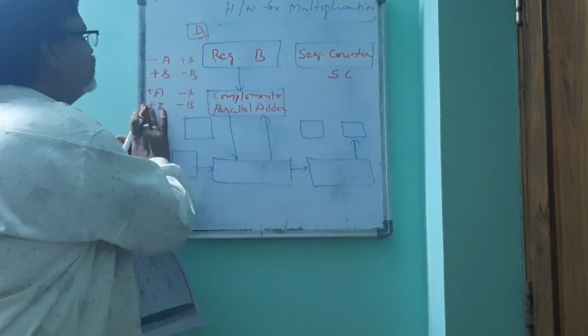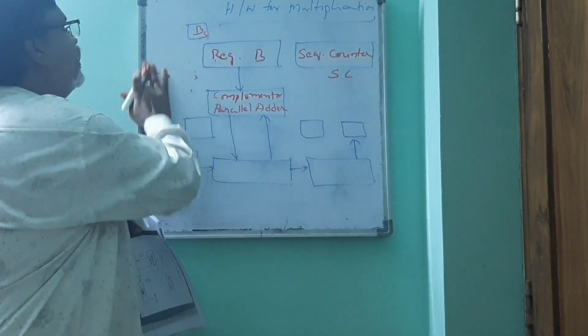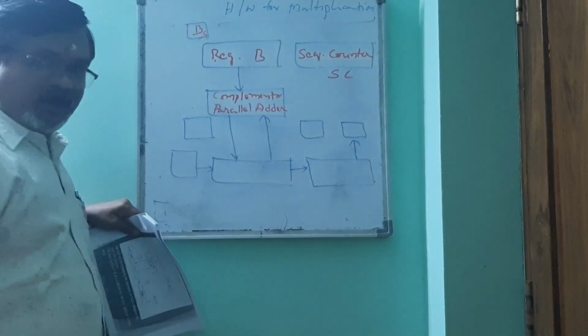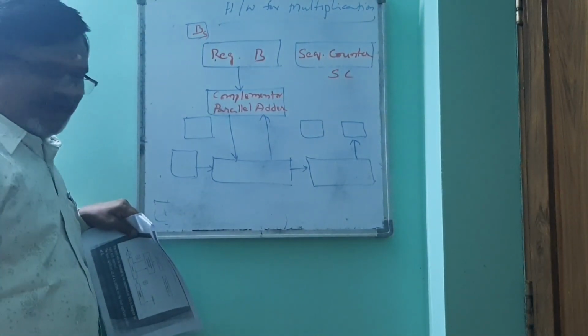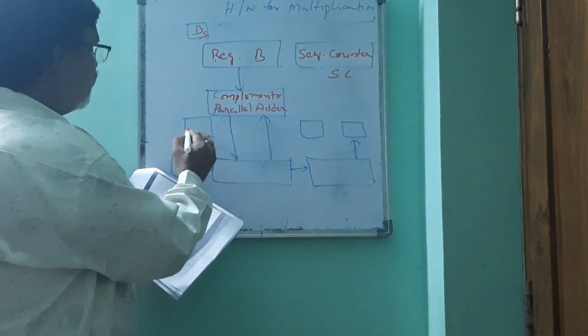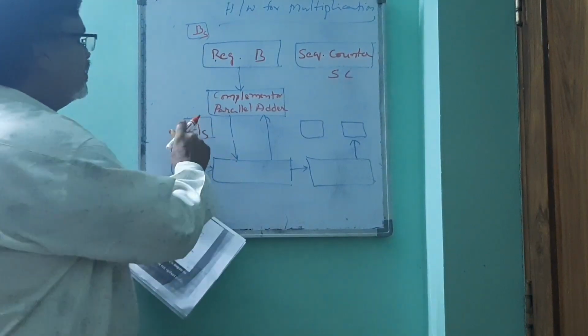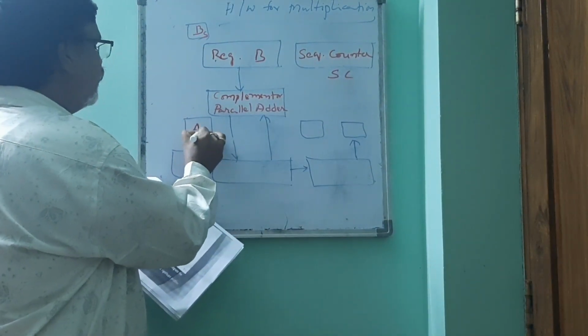So for that purpose we must know the sign of each number. So to hold the sign of each number we use two flip-flops that store the sign bit position. Here this flip-flop is AS that contains the sign bit of the first value.